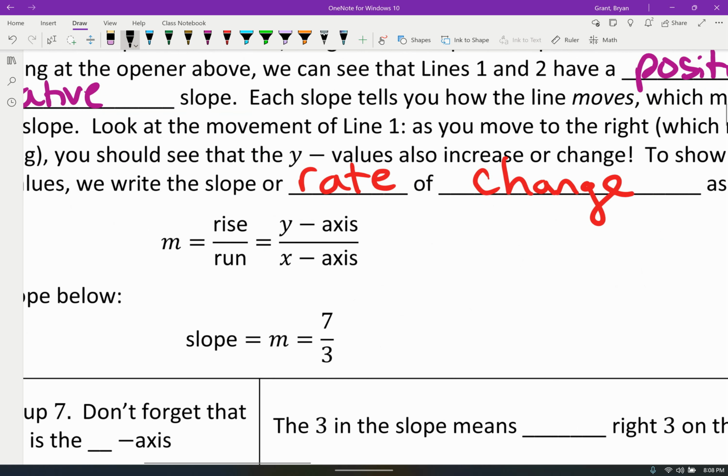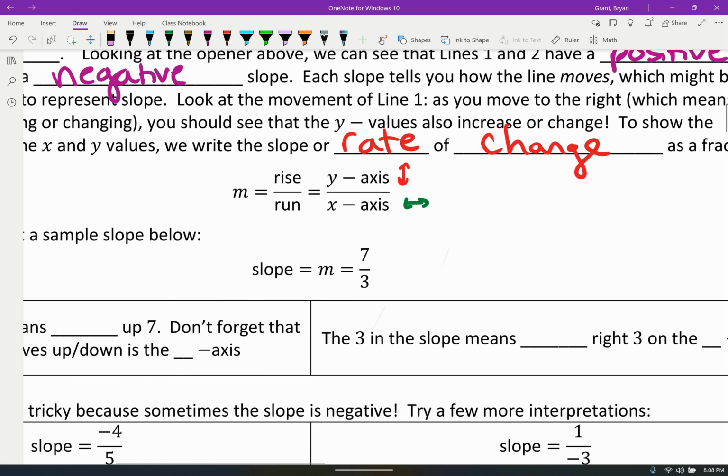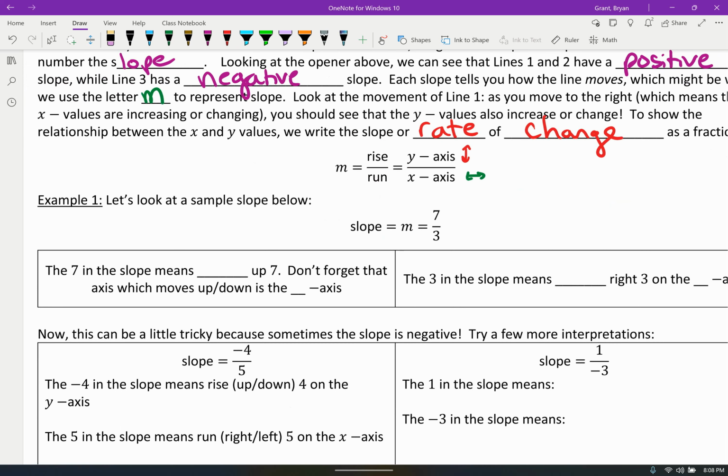If you picture a graph, the y-axis runs up and down, and the x-axis runs side to side. And so I bet you could probably finish this phrase. The slope, we say, is the rise over the run. Very nice. And that is because the y-axis rises while the x-axis runs. You rise up and then you run over. So let's go ahead and try a sample slope down below.